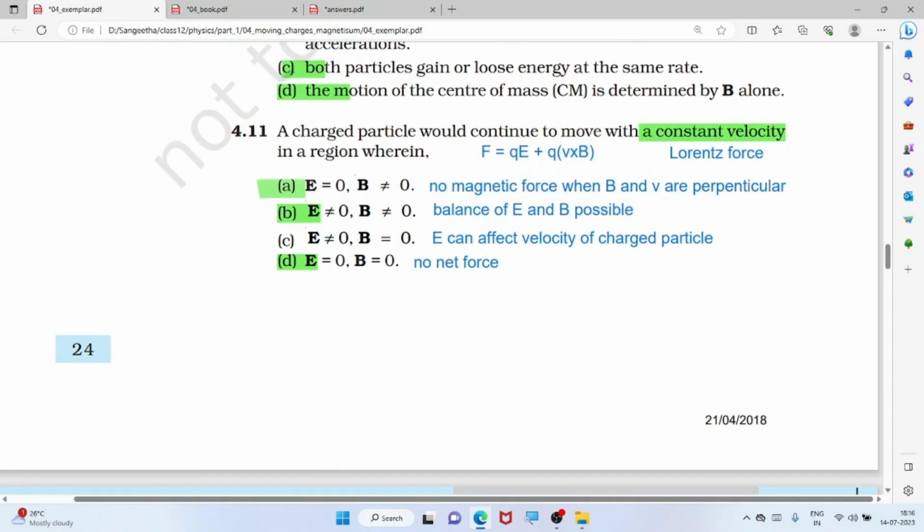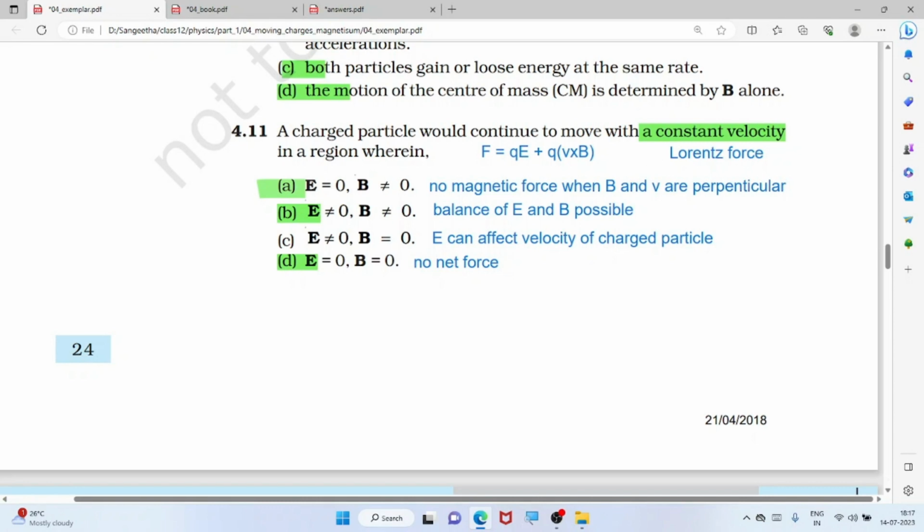The charged particle would continue to move with a constant velocity in the region. When the electric field is zero, the speed of the charged particle won't change, but the direction may change. If B and V are perpendicular, it may move, and the direction may change, but the speed won't change.